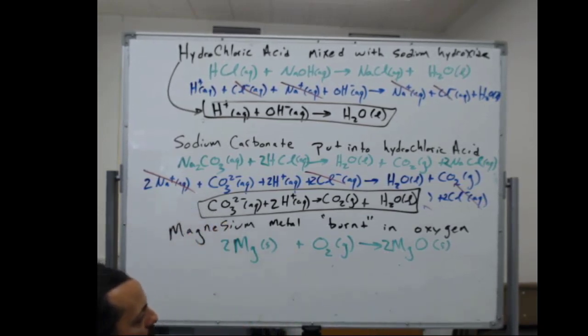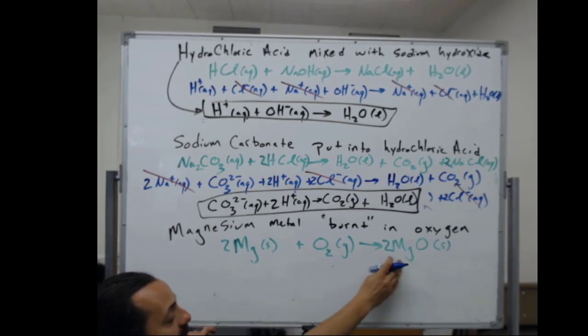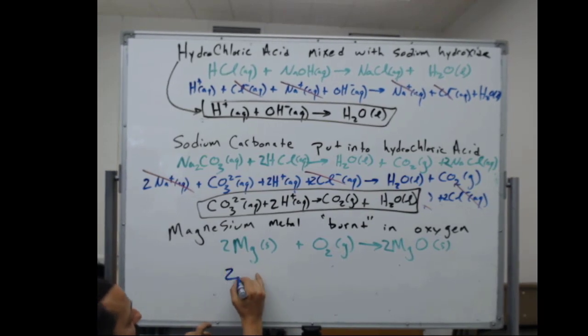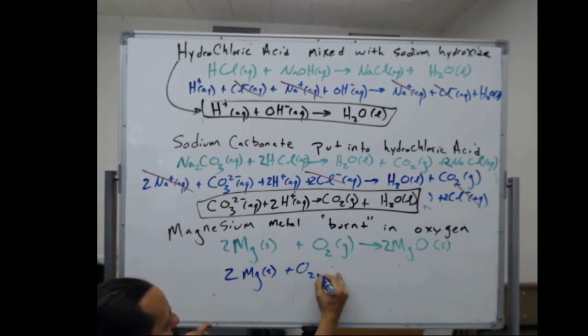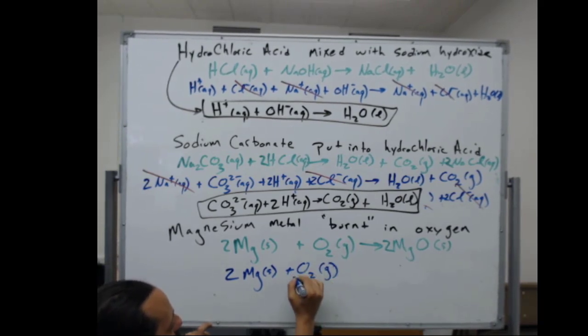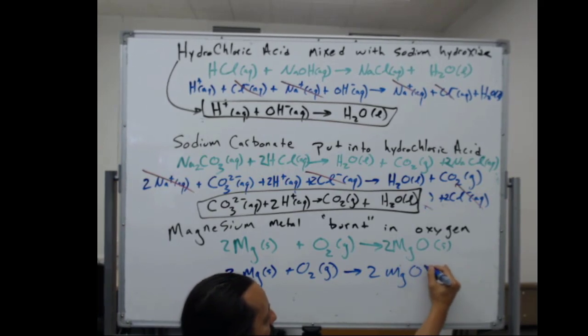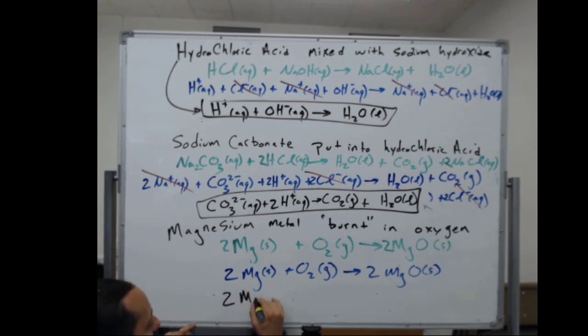Going to our total ionic, we've got a solid, we've got a gas, we've got an insoluble solid, and no water present. So we end up getting the exact same thing. And that means our net ionic equation is actually just the same thing.